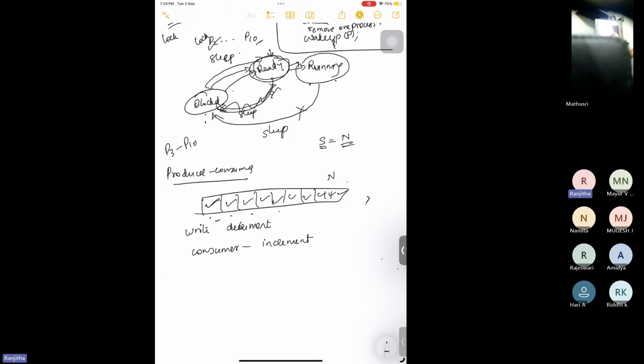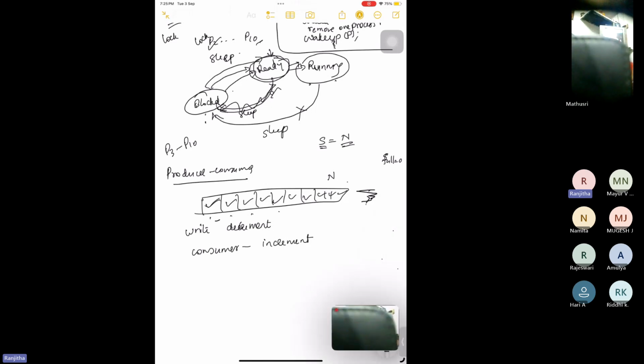So we ensure that when the buffer is empty, s equals n. When the buffer becomes full, the count will become 0, and further the producer will not be able to write.